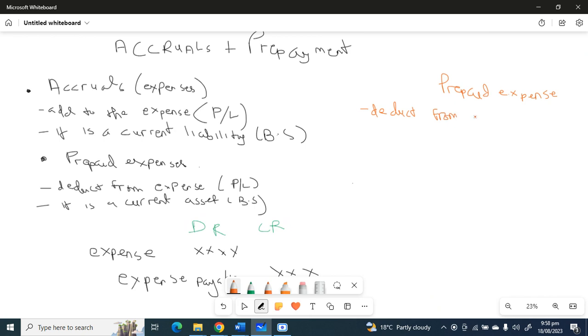So, the prepayment, you're going to deduct it from the expense, the amount that is listed on the trial balance.